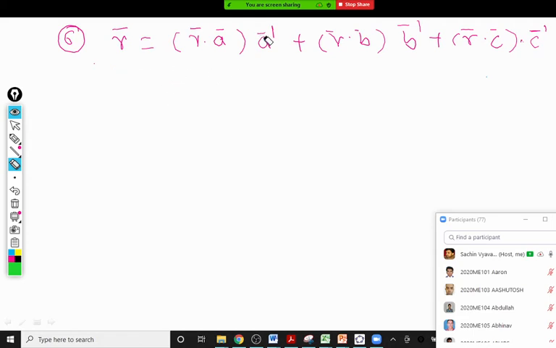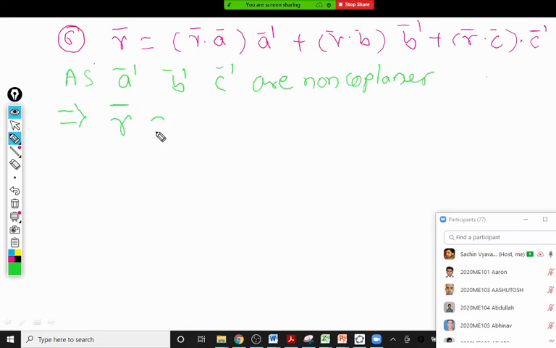Now what do we know? a dash, b dash, c dash are a reciprocal triad. Triad means they are perpendicular to each other, which means they are non-coplanar. So we should start with this line: as a dash, b dash, c dash are non-coplanar vectors, this implies any vector r bar can be expressed as a linear combination of them.